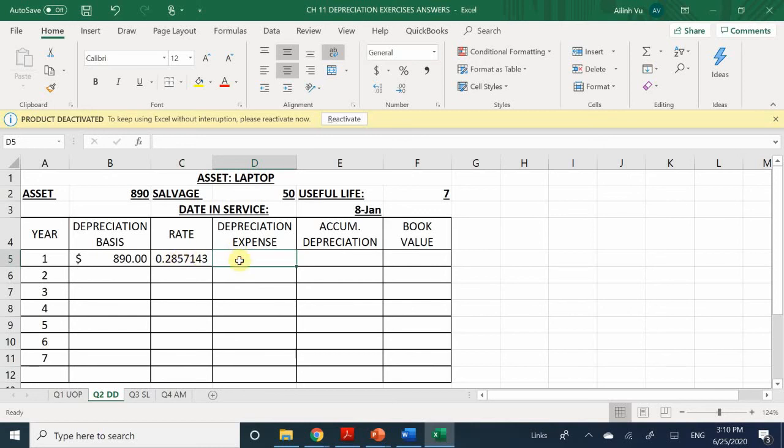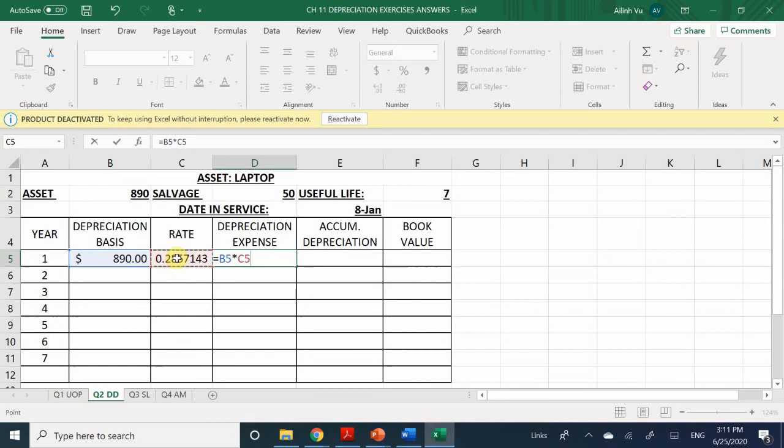So what is my depreciation expense now? Take that times 6 times 890. Okay, 254.2.